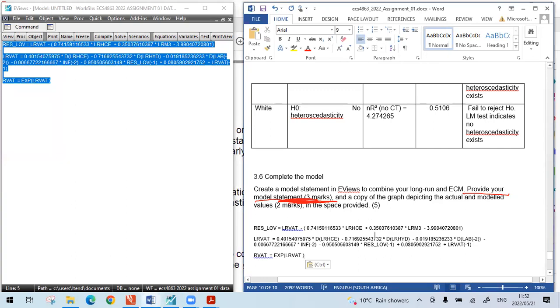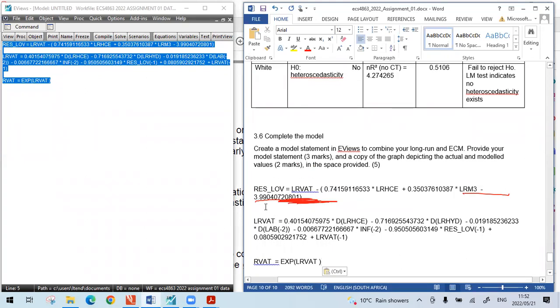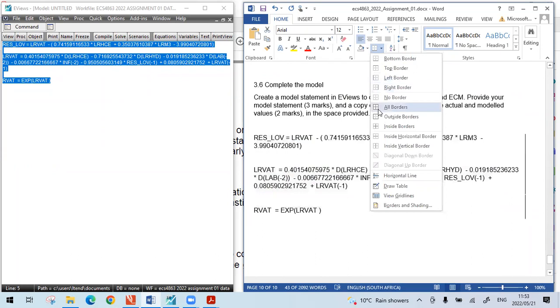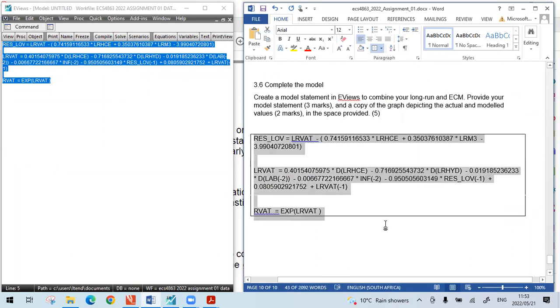Let me put it maybe in all borders, it will look nice. Yeah, something like this. This is our model statement, right? Then the other part, we are about to finish.